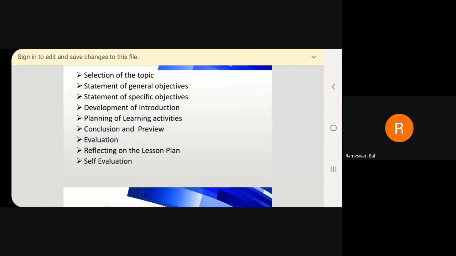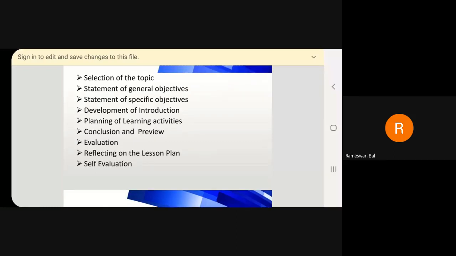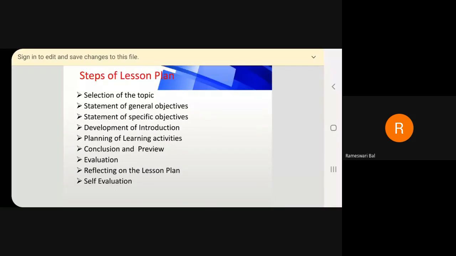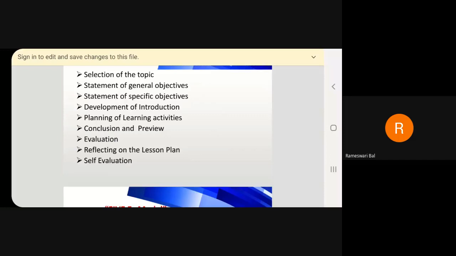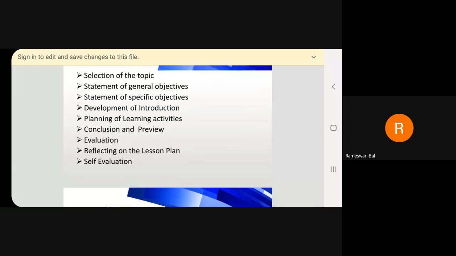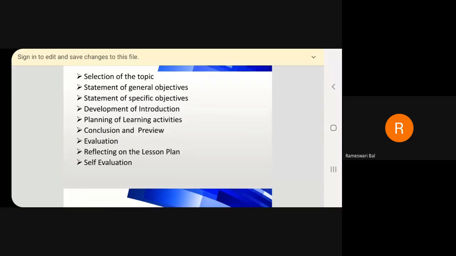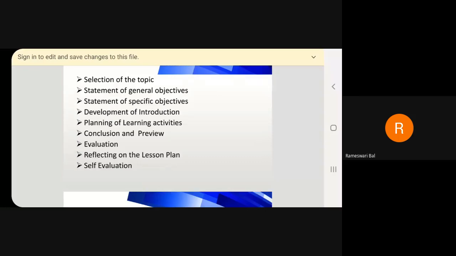But here, at the time of evaluation in a lesson plan, the teacher has to concentrate and has to know what different types of objective questions can be asked to test whether my specific objectives are achieved or not. For which purpose I have taught the lesson to my students, whether they get it or not.